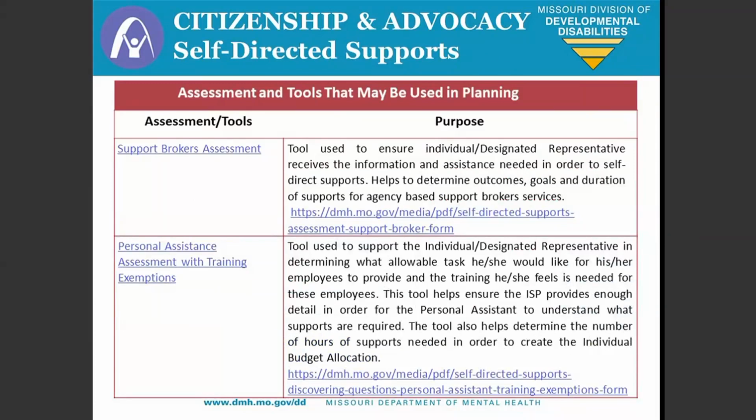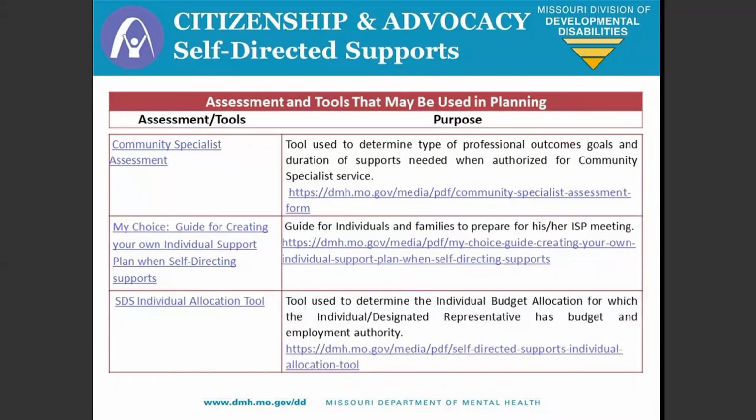Both tools are available on the Vision website. Other tools available include the Community Specialist Assessment, Guide for Creating Your Own Individual Support Plan when Self-Directing Supports, and the Self-Directed Supports Individual Allocation Tool.